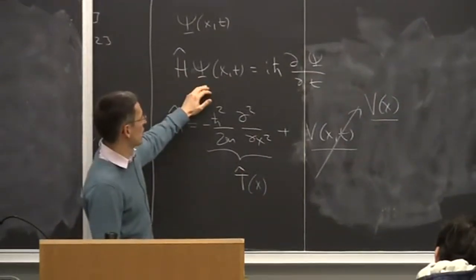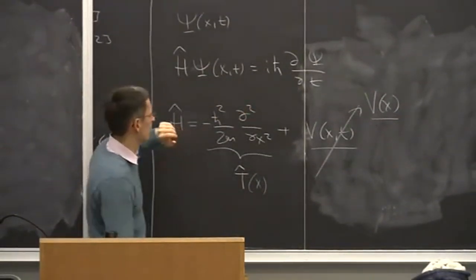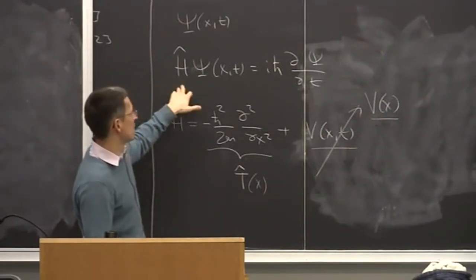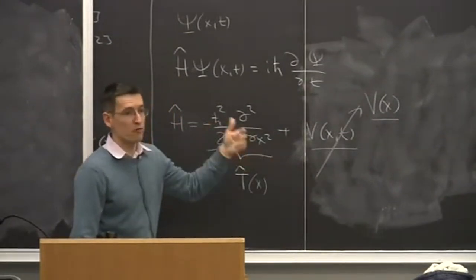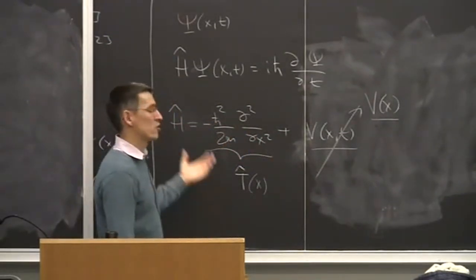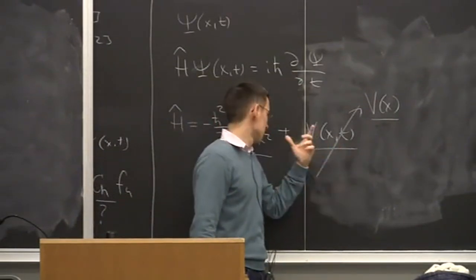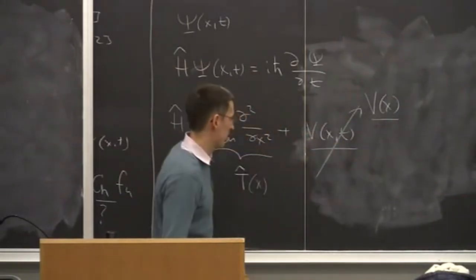What I'm about to do is to simplify the consideration of the time-dependent Schrödinger equation, and I will show how to reduce the solution of the time-dependent Schrödinger equation to the solution of the time-independent Schrödinger equation. And it's only possible if we assume that the potential is time-independent. Okay, and you will see in a moment why.